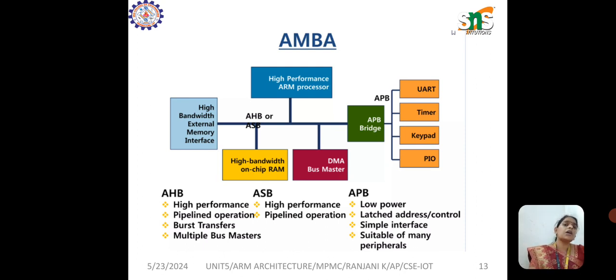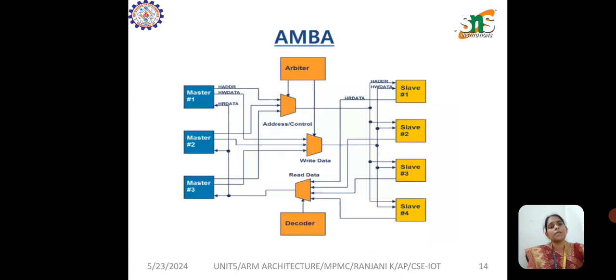It is based on the 3 types. AHB provides high performance, pipelined bus transfers and multiple bus masters. ASB is high performance and pipelined operation. APB is low power, latched address and control, simple interfaces, and suitable for many peripherals. Depending upon your application, you can select your AMBA bus.